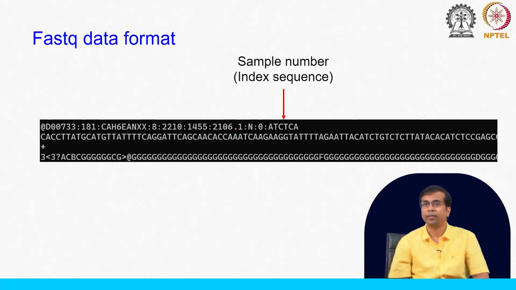You remember this index sequence is there when you add the adapters. During adapter ligation you can add index sequences, which allow you to put multiple samples in one experiment, which we call sample multiplexing. So, this gives you the index sequence.